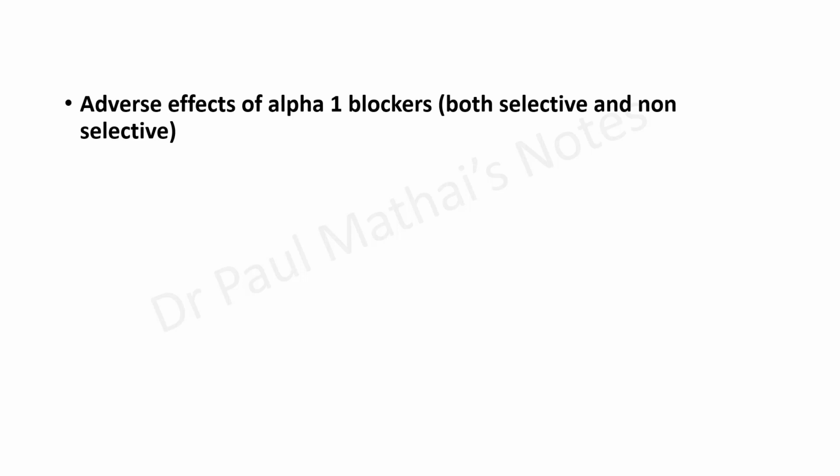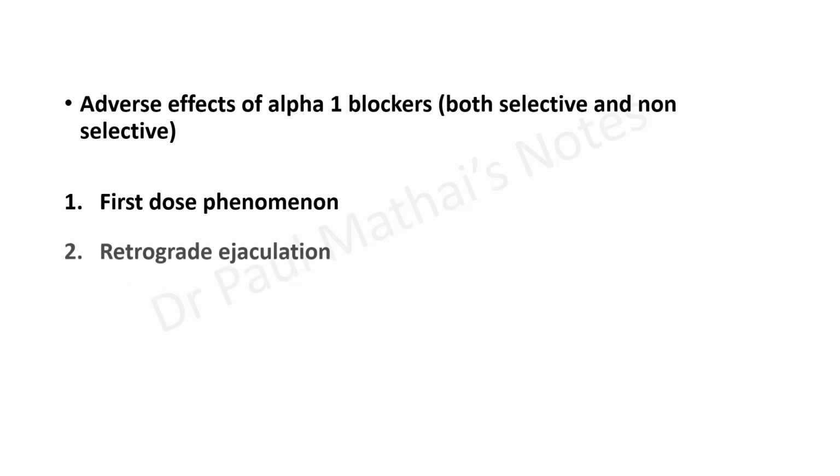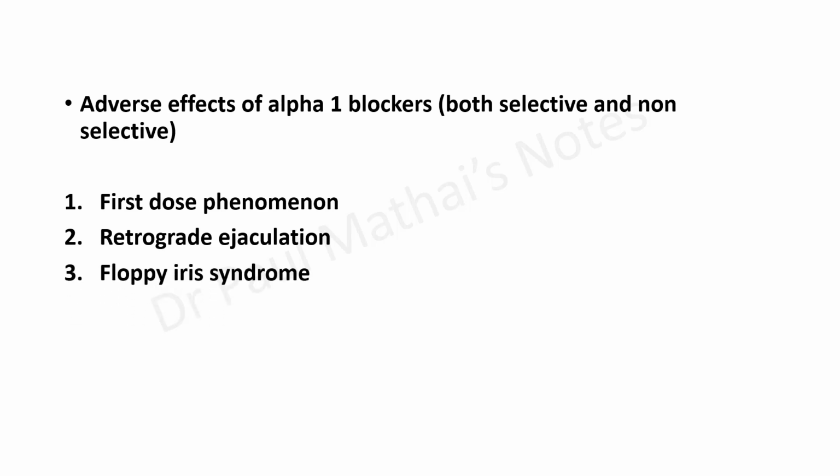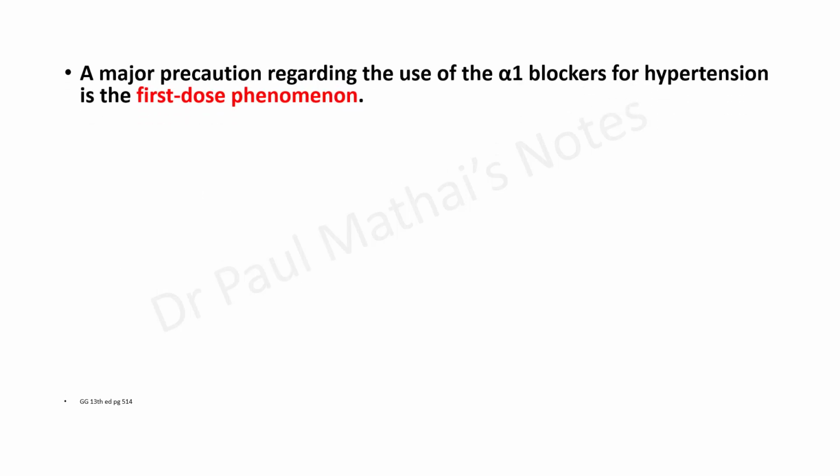We need to know the adverse effects of alpha-1 blockers, both selective and non-selective, and the most notorious adverse effects of alpha-1 blockers include the first dose phenomenon and retrograde ejaculation. Another adverse effect is the floppy iris syndrome. Now, a major precaution regarding the use of alpha-1 blockers for hypertension is the first dose phenomenon.